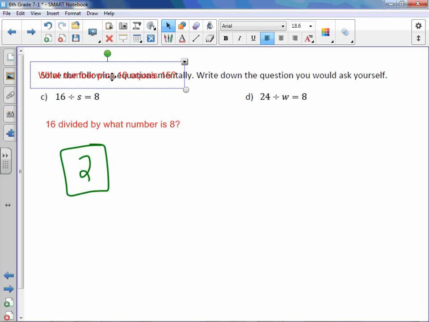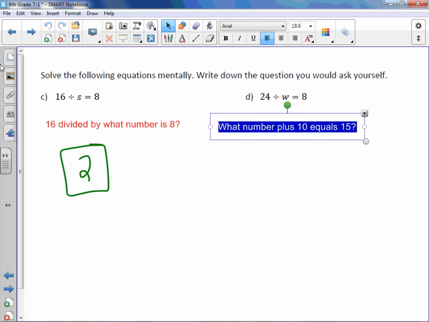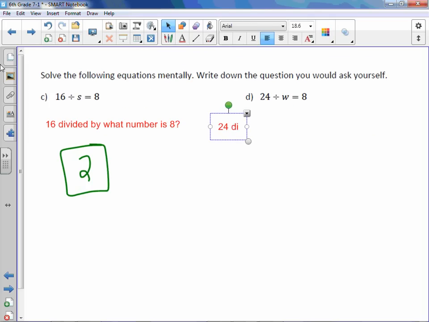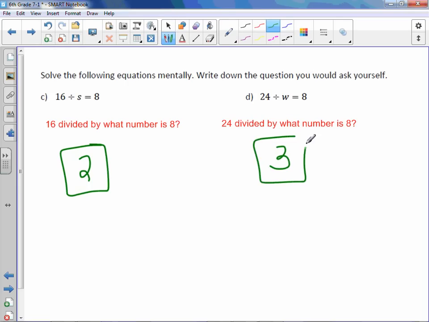Letter D, 24 divided by what number is 8? Remember, anytime you see a variable, you put in the words, what number. So 24 divided by what is 8? Well, 24 divided by 3 is 8.